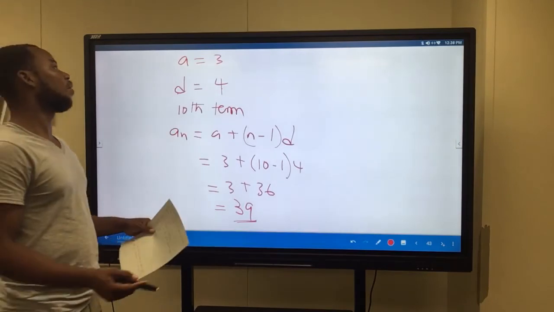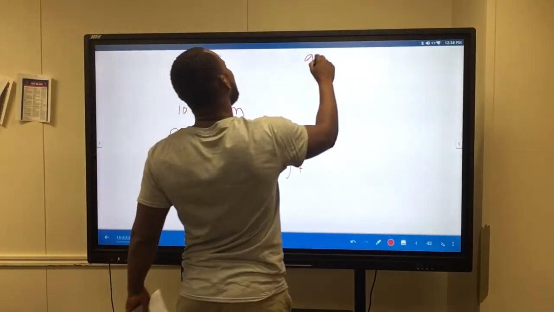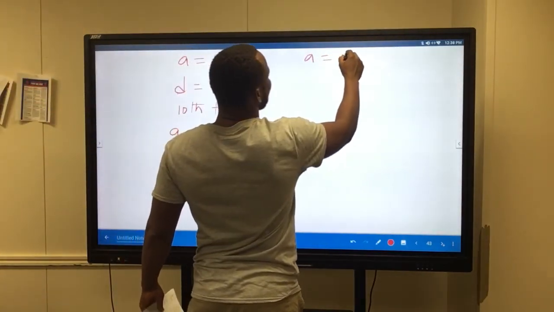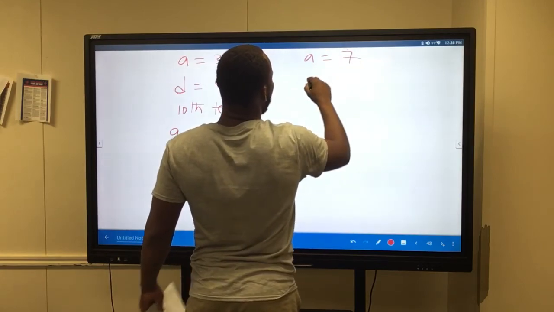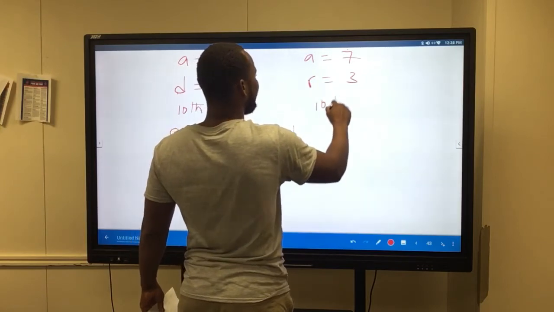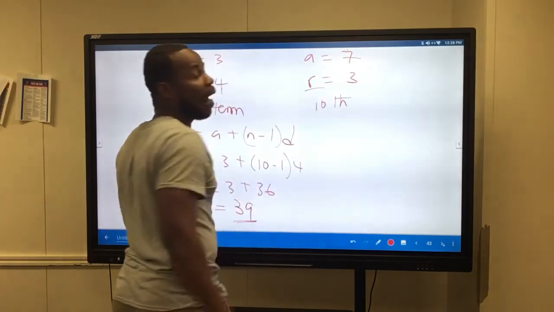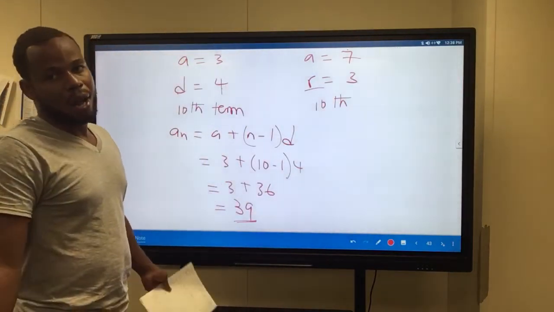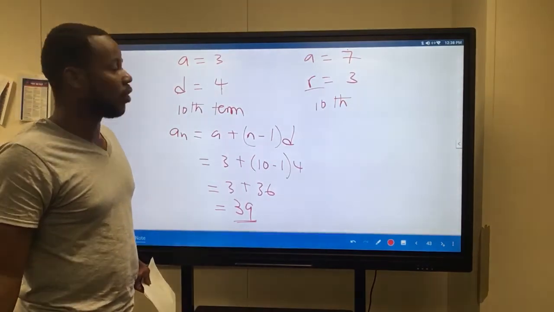Likewise, if I give you a is equal to 7 and r is equal to 3, and I ask you to find the 10th term again. Remember, because they said r, this is a geometric sequence.